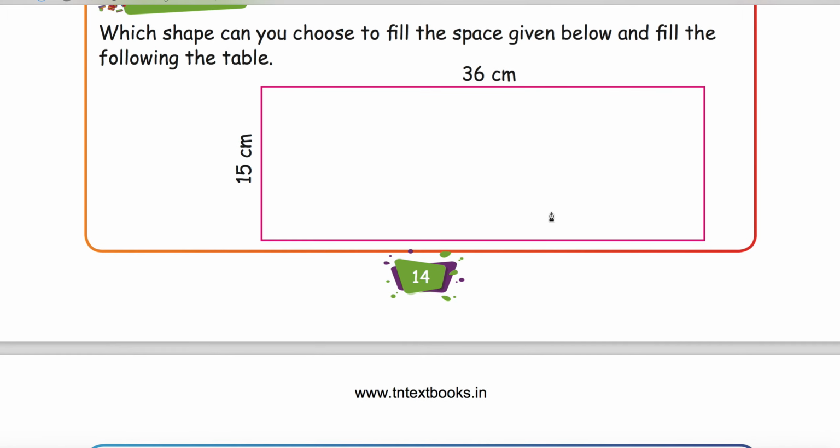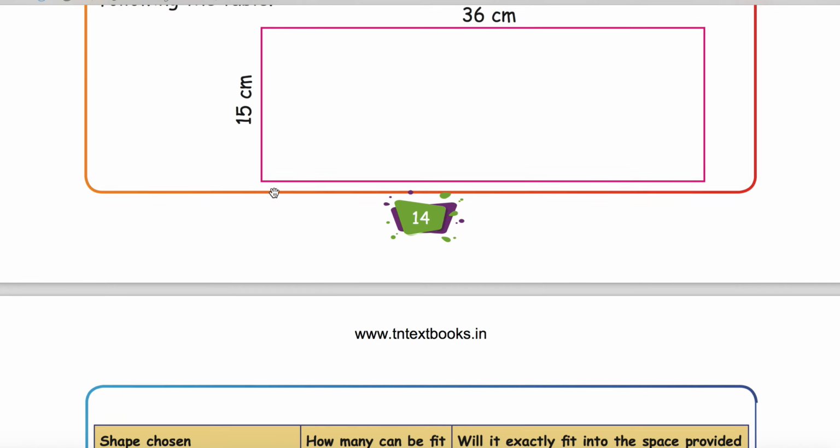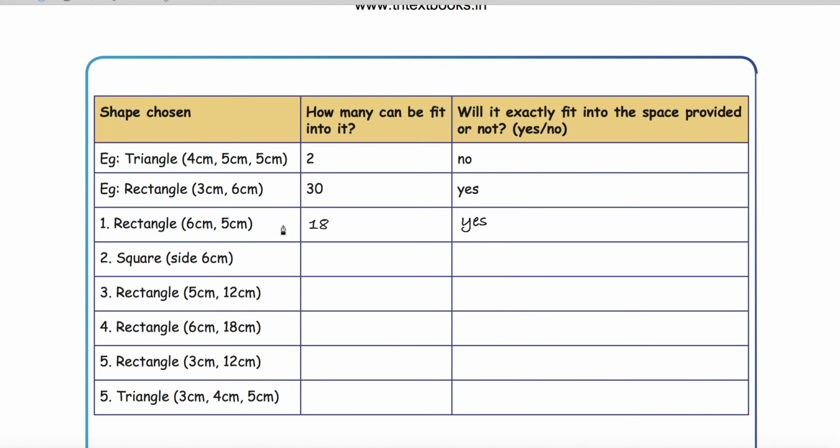Okay. So 6 can be placed here, with 2 rows. 2 rows means how many? 12. So 12 can be placed inside, but like I said earlier, it will not fill the whole space. Okay.